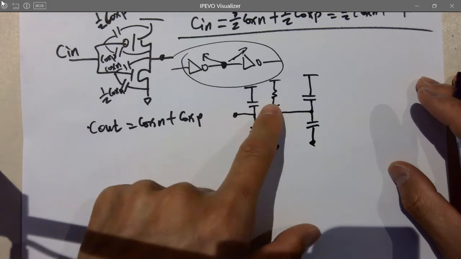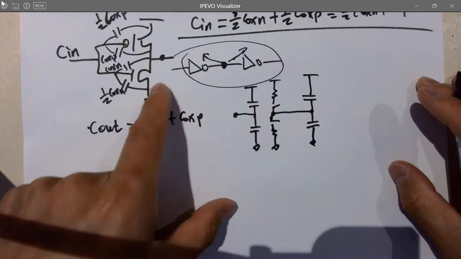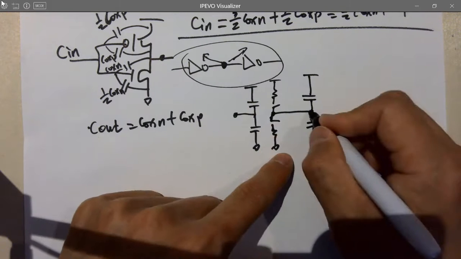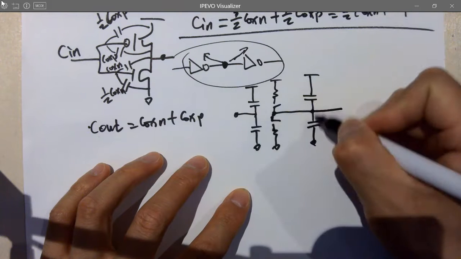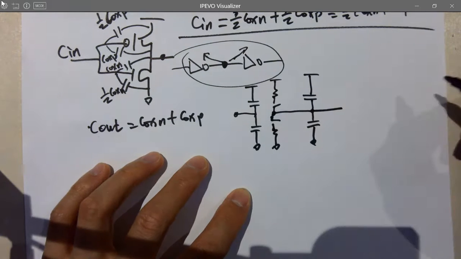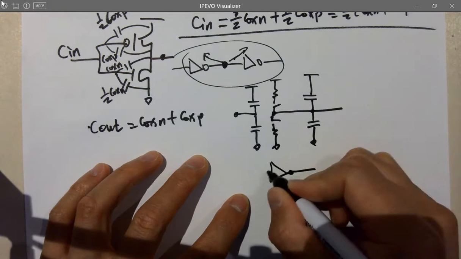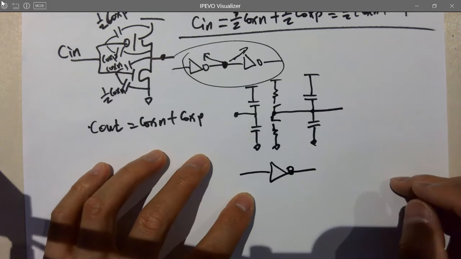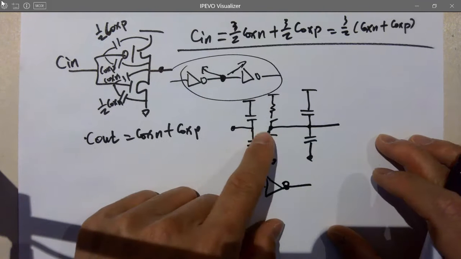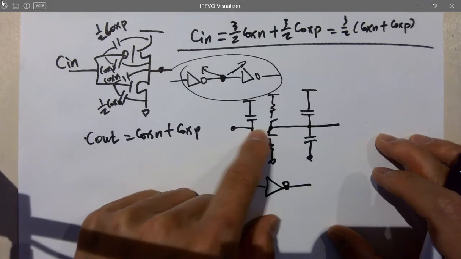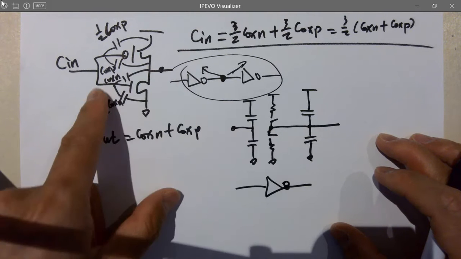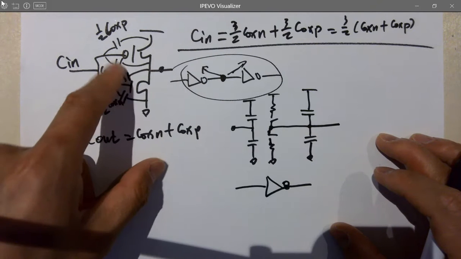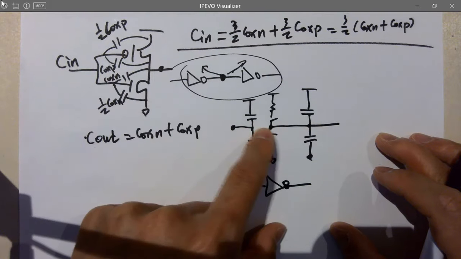Why do we have to model the one inverter in this way? So what are these caps and what are these resistors? Why are this and this disconnected from each other? That's a gate, an input gate. There's no DC current. It's just like dielectric material, gate oxide.